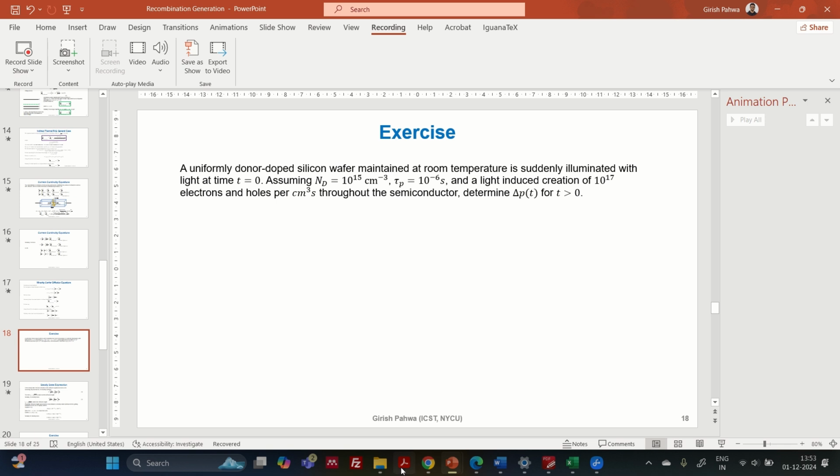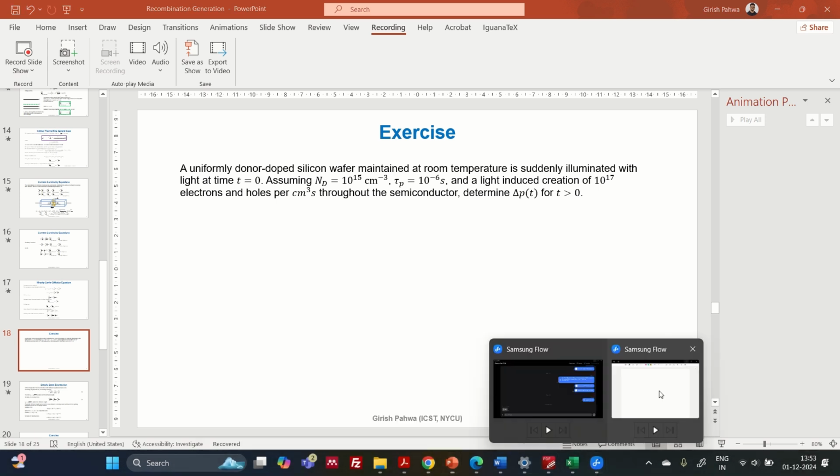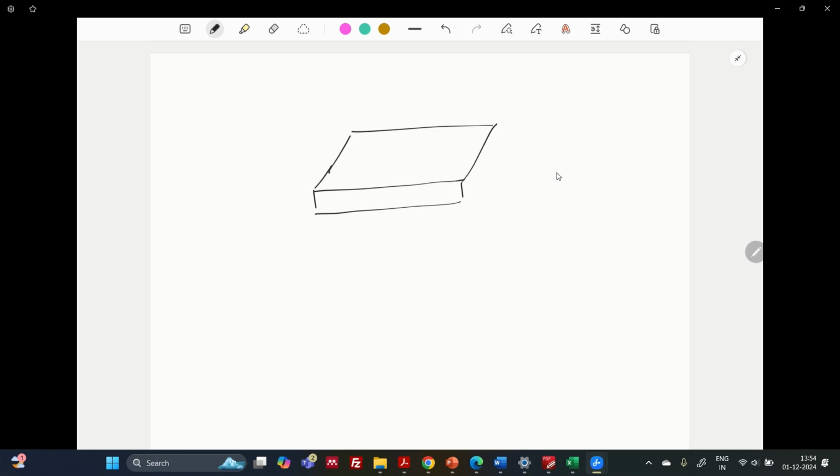Okay, so this is the question we have to do. We have been given a situation like this: you have a silicon wafer, and this is being illuminated with light. We are assuming that the light reaches the whole thickness of the wafer uniformly, and it is creating electron-hole pairs everywhere in the semiconductor.